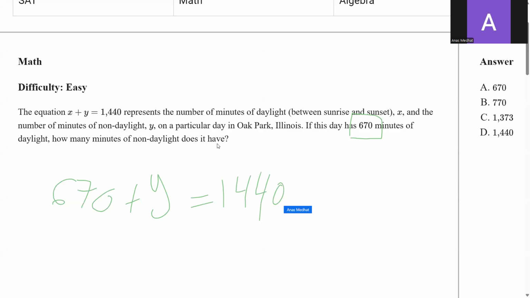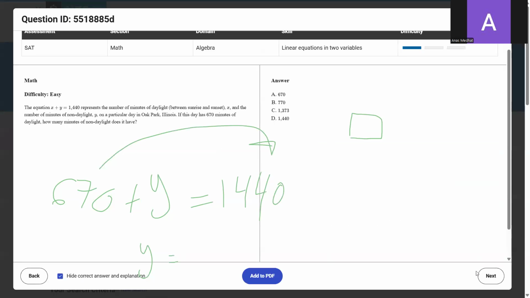Just subtract this from this. 670 subtracted from 1440, y is equal to, approximately 700 something, 770. Yes, it should be B.